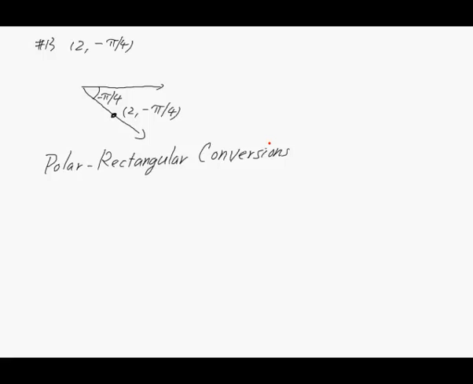Also, sometimes we need to convert the equations in the rectangular system to the equations in the polar system, because for some geometric objects, it's very simple to express them in the polar system. So let's first see how we do this conversion.